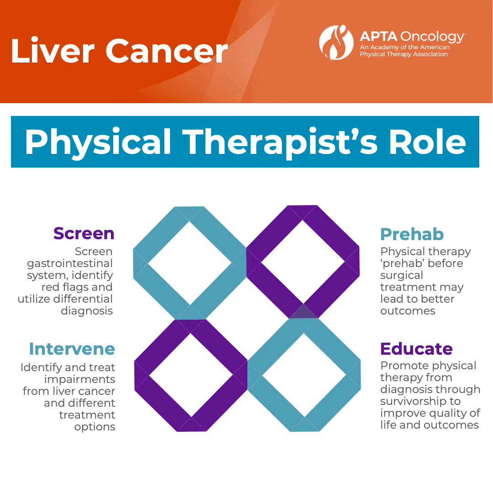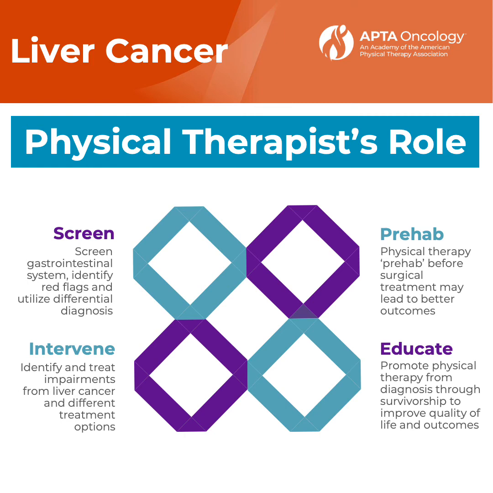As with all patients, we should be performing a review of systems, and here specifically, we should be screening the gastrointestinal system, identifying any red flags, and utilizing differential diagnosis to make a good referral to the proper healthcare providers in the event that there are signs and symptoms of liver cancer. Our next role is in prehabilitation. As we said earlier, physical therapy prehab before surgical treatment may lead to better outcomes.